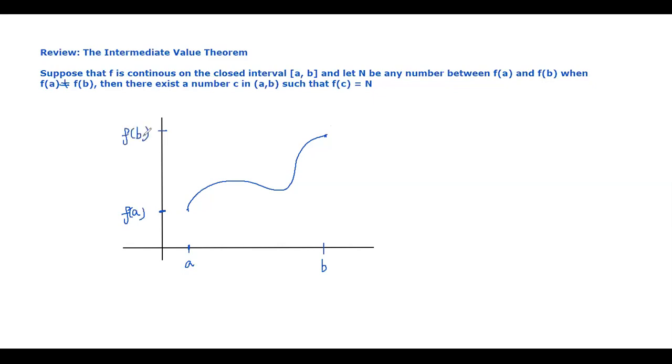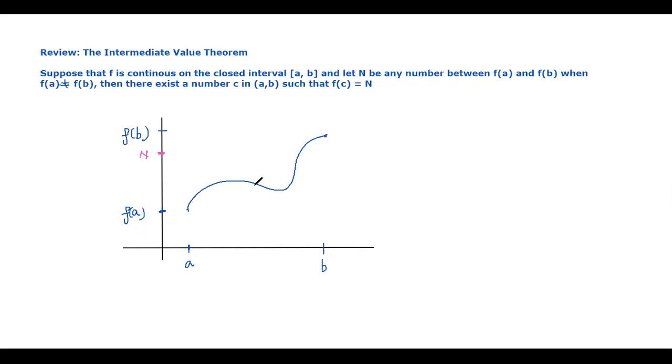If you look at the graph, this theorem really makes sense. Make sure this is continuous, and if you have any number n, say here, this is my number n. What does this theorem tell you?